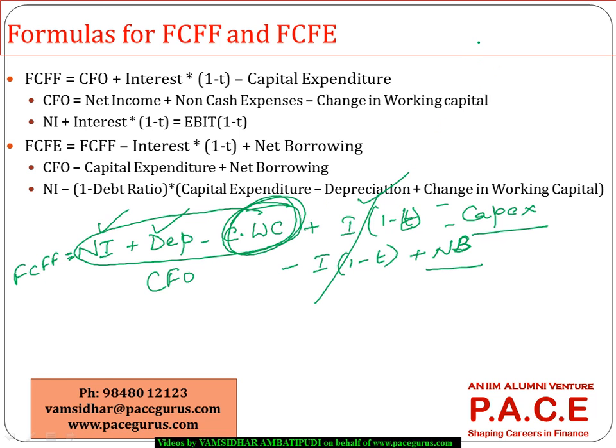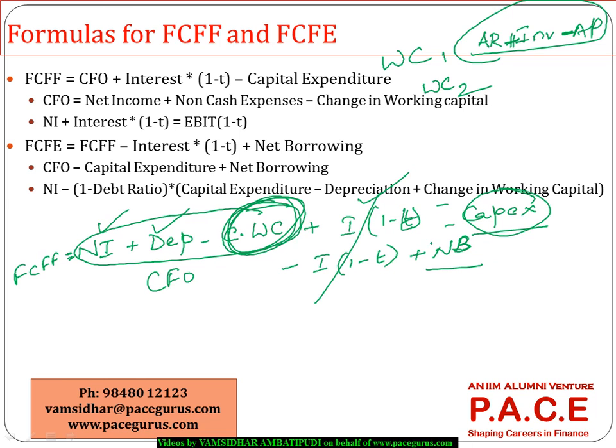From the balance sheet, look at accounts receivable plus inventory minus accounts payable for each of the years, which will give me working capital. So the difference between the working capitals is what we subtract.